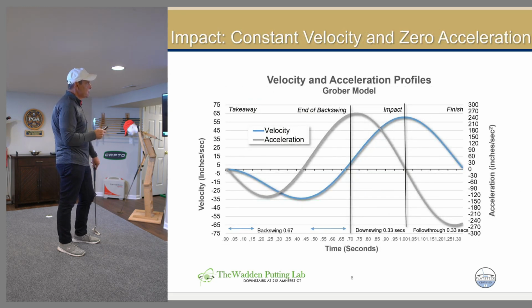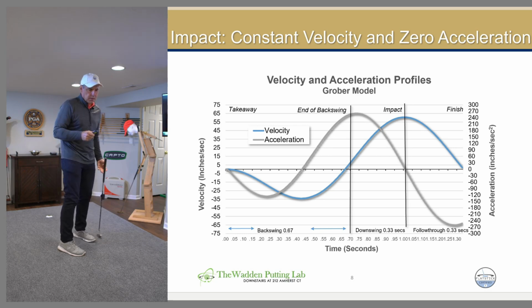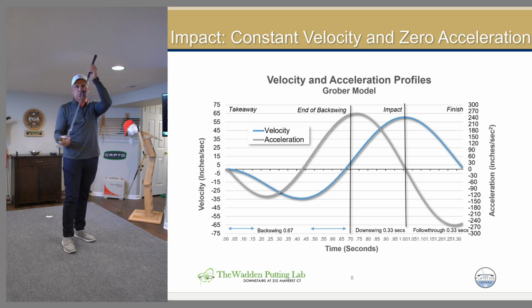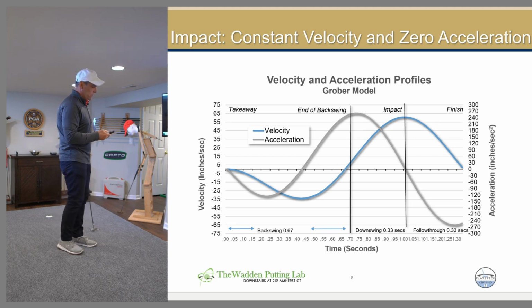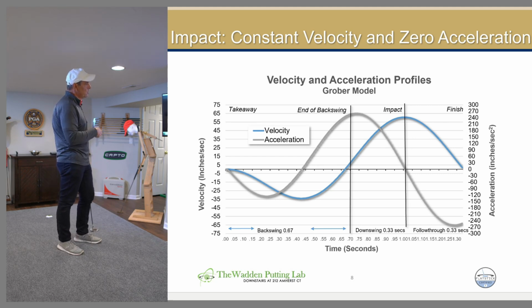Now the last piece in this is getting the putter head to arrive at the ball with constant velocity, which said another way is zero acceleration at impact. So this is a graph I put together from Grober's model, and the blue curve is the velocity profile, the gray curve is the acceleration profile.